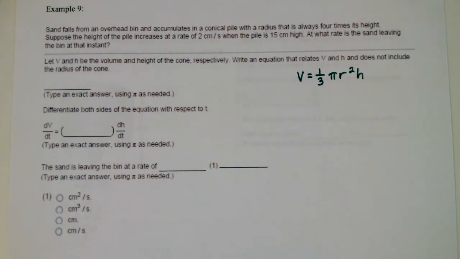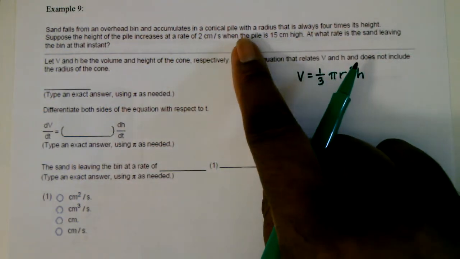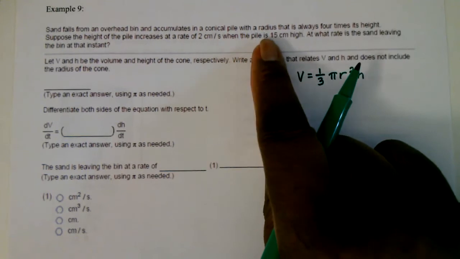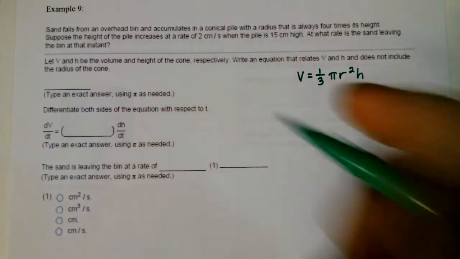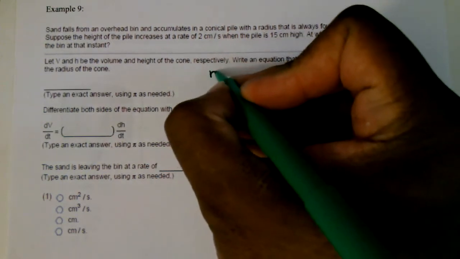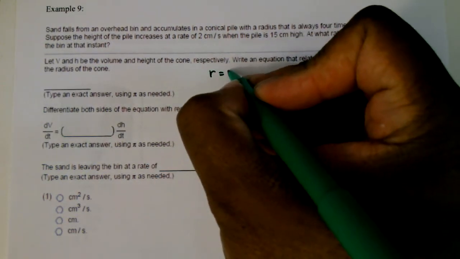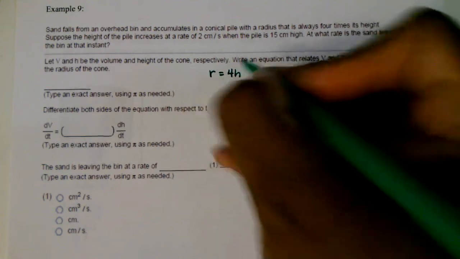But we've got to write it in a way so it does not include the radius of the cone. Well, the piece of information that's going to help us is this. The conical pile will have a radius that is always 4 times its height. R is the radius. 4 times the height would be 4 times h.